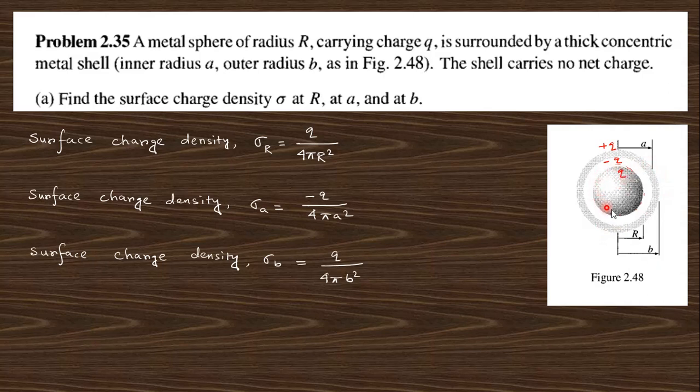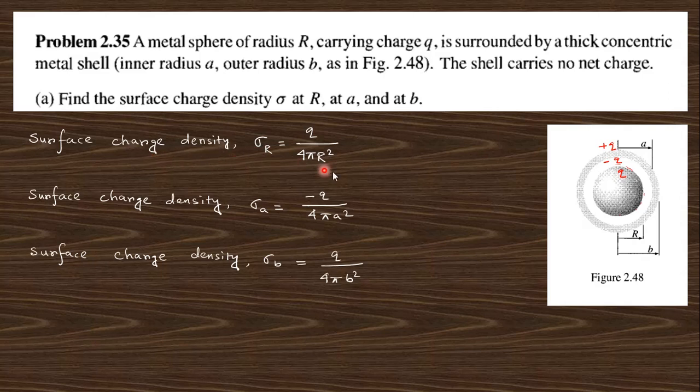So the metallic sphere of radius capital R is charged with plus q. Due to the plus q charge, there is an induction of charge minus q on the inner surface of this shell. Due to this induction, a positive q charge is produced on the outer surface of this shell such that the total charge will be 0.